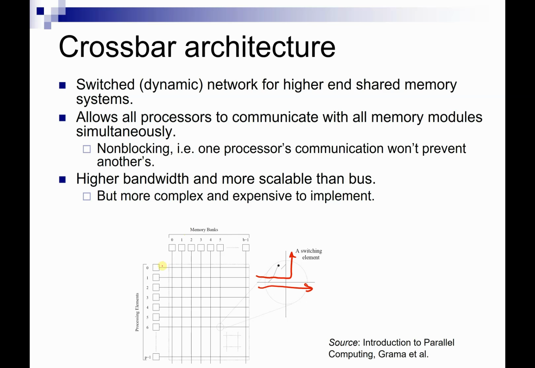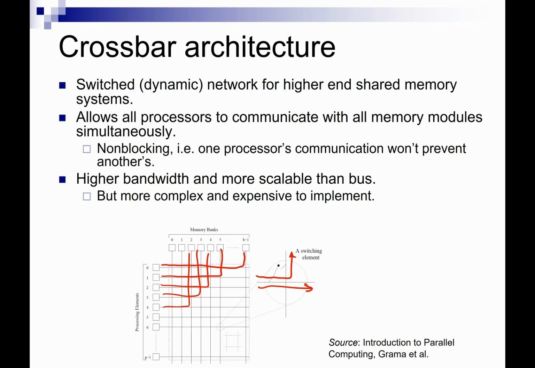For example, we can have an access pattern like this, where Pi accesses memory bank i. Alternatively, if you set the switches in a different way, you could implement an access pattern like this. Basically, the memory bank that one processor accesses does not prevent other processors from accessing other banks.